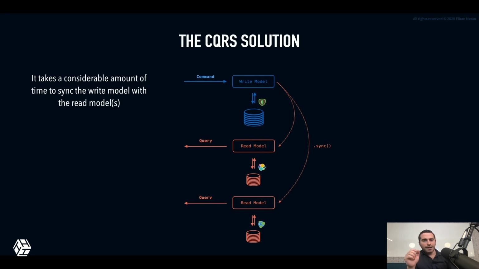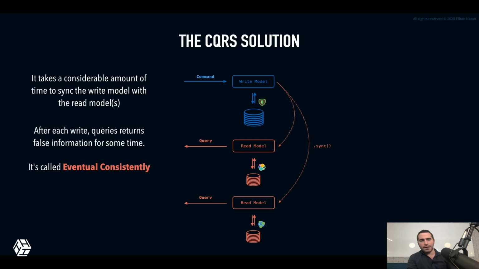So that makes you think that, well, okay, my read model is not updated, and so after each write, queries will return false information for some time. This is what we call eventual consistency. We call it eventual consistency because we know that at some point after changing the state, the application will return to be consistent again.